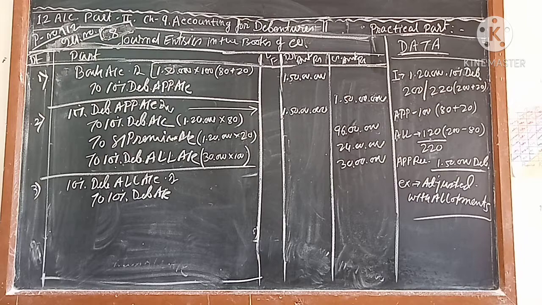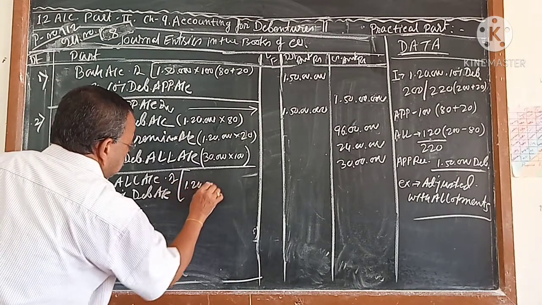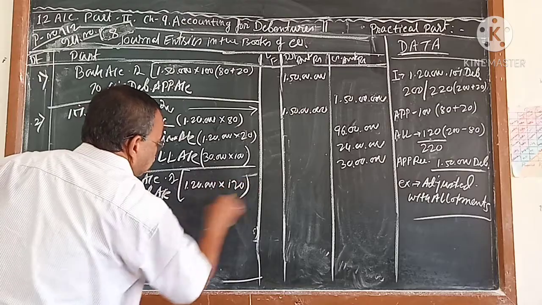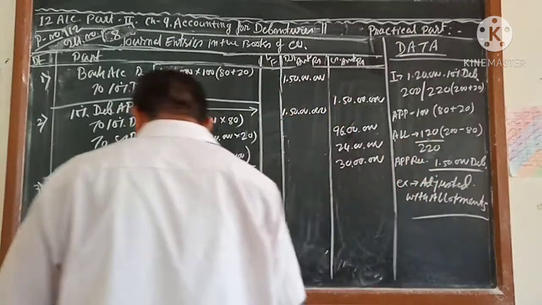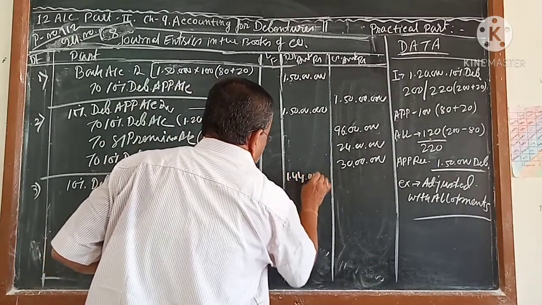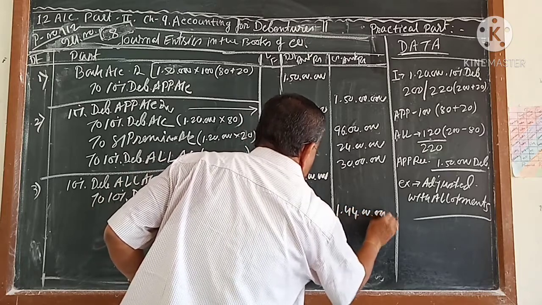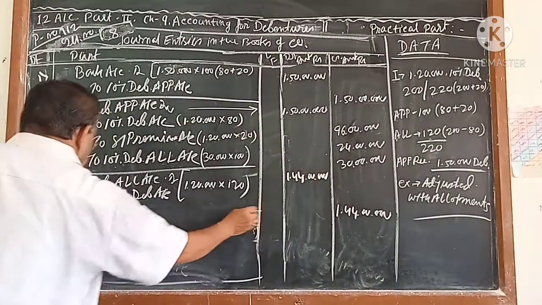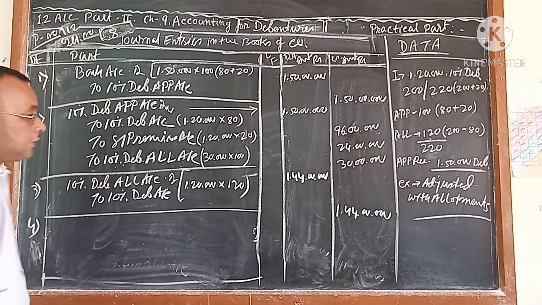That you are going to collect 1,20,000 debentures of rupees 120. That you understand how 120 comes, already I wrote it here. And if you multiply, you will get 1,44,000, then 50. And here you have to understand how much you are going to collect.